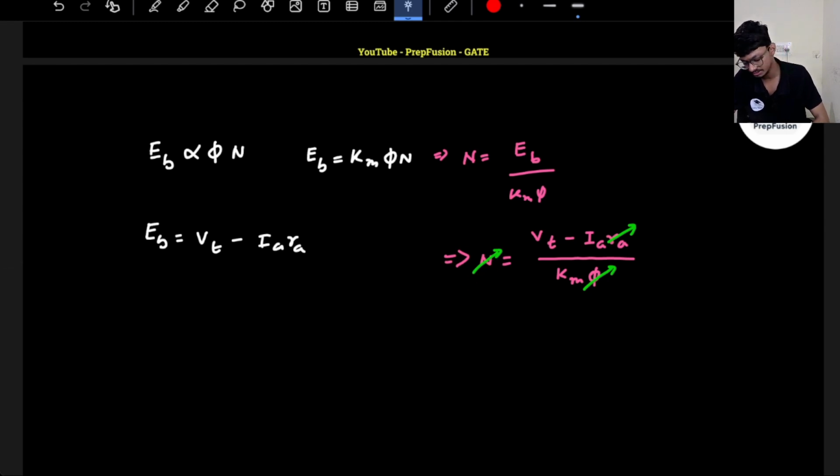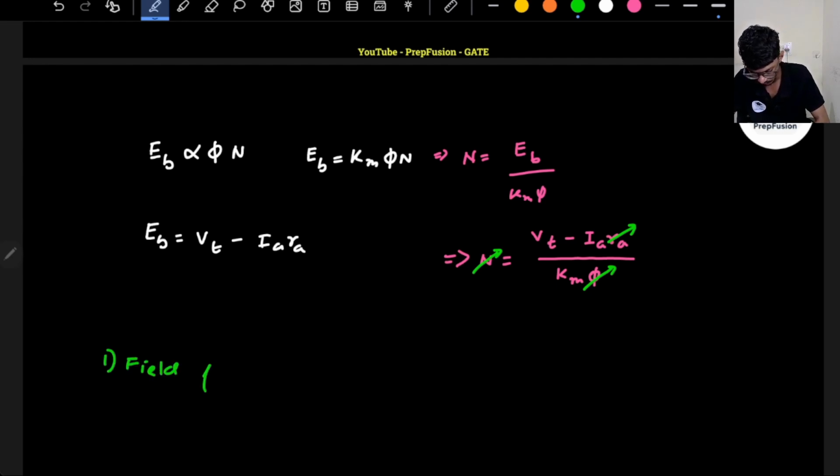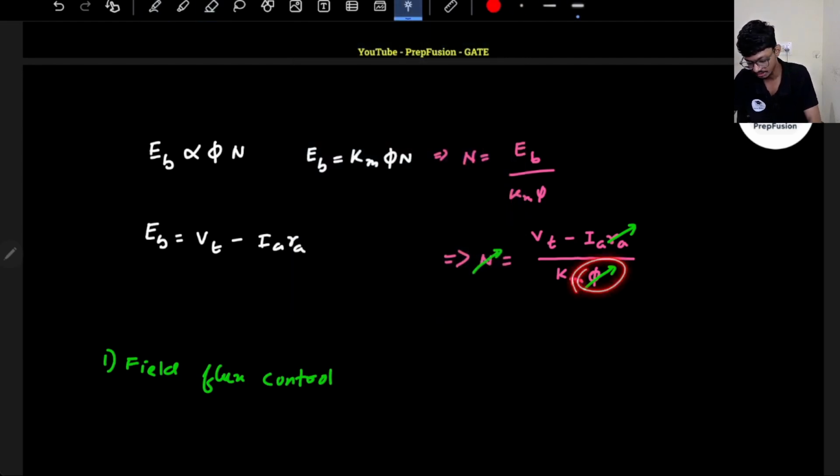So there are many ways to control. The first method of control, which is the most used method, is known as field flux control, where we control the flux of the field by connecting an extra rheostat. How?